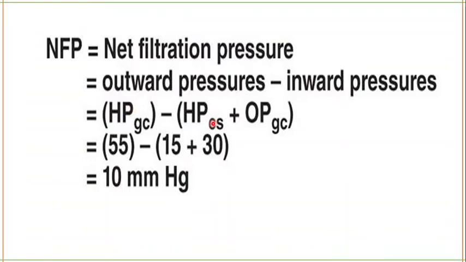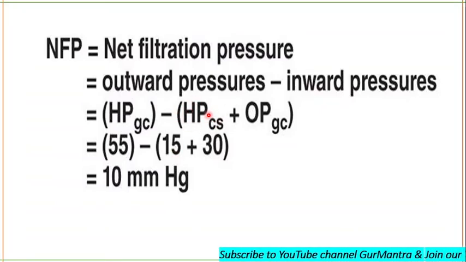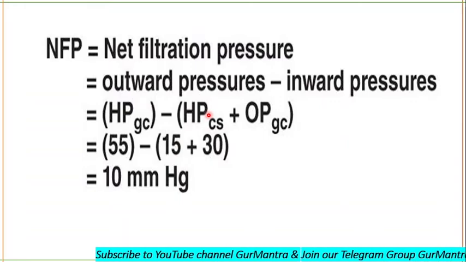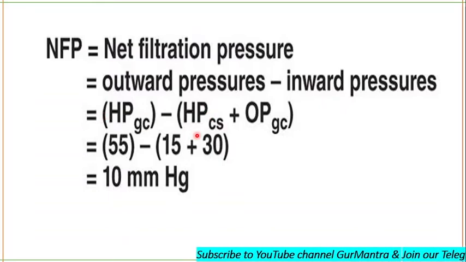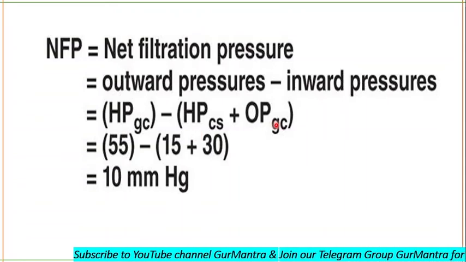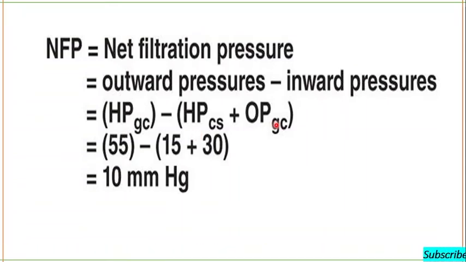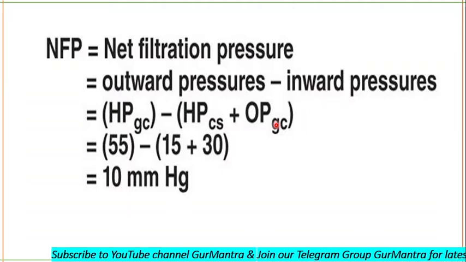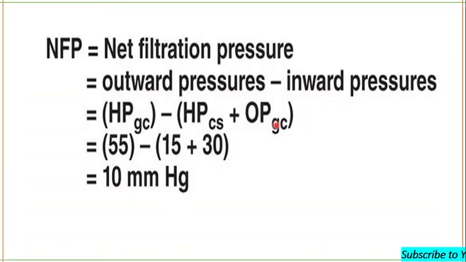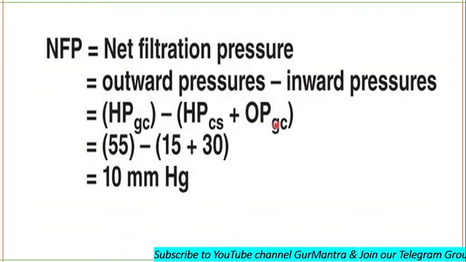This is the capsular hydrostatic pressure, which is 15. It is the pressure in the capsule due to the fluid already present there, and it opposes the flow of filtrate. Similarly, the osmotic pressure in the plasma due to proteins and other factors also opposes the movement of fluid from the capillaries to the capsule.